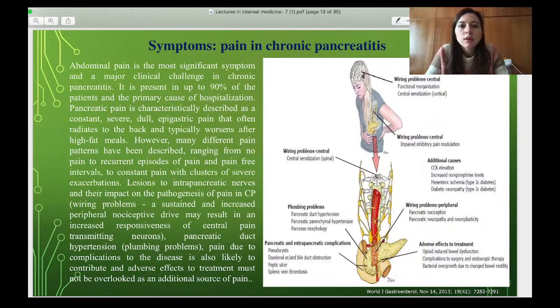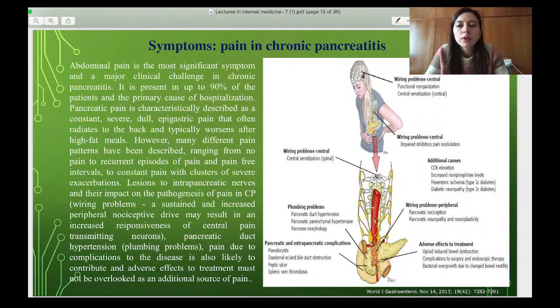Pancreatic pain is characteristically described as a constant, severe, dull epigastric pain that often radiates to the back and typically worsens after high-fat meals. However, many different pain patterns have been described, ranging from recurrent episodes of pain and pain-free intervals to constant pain with clusters of severe exacerbations.